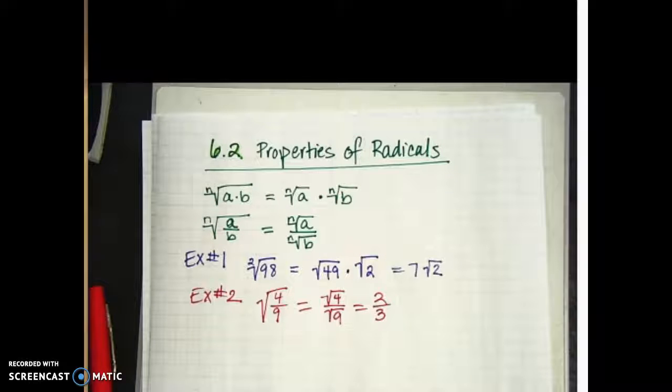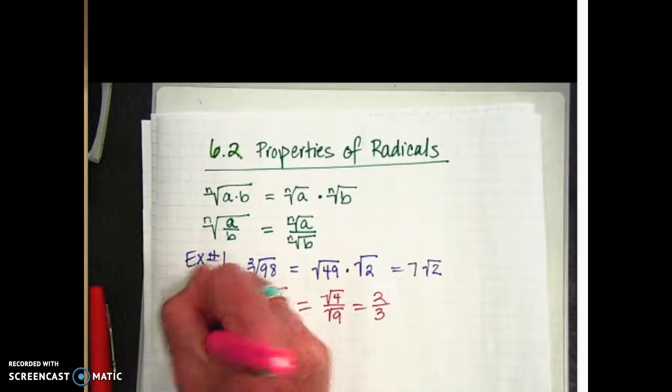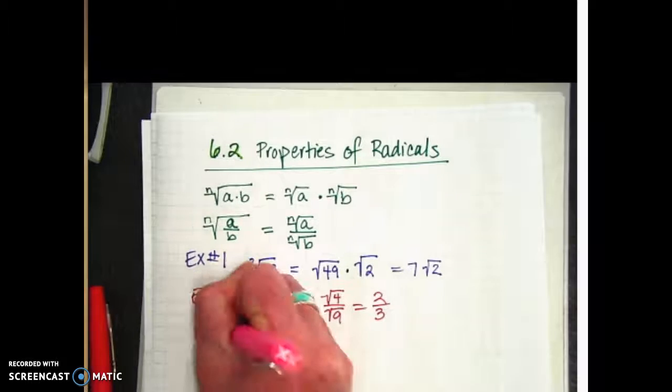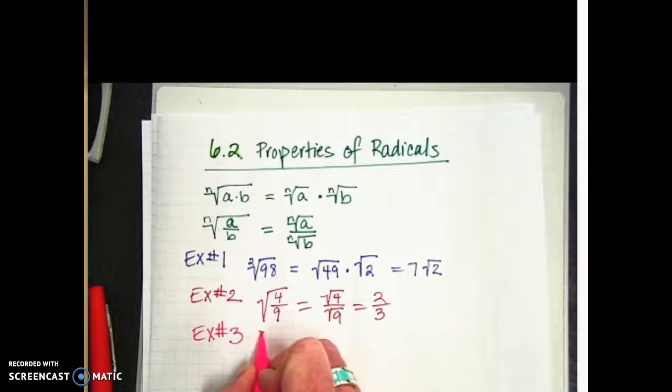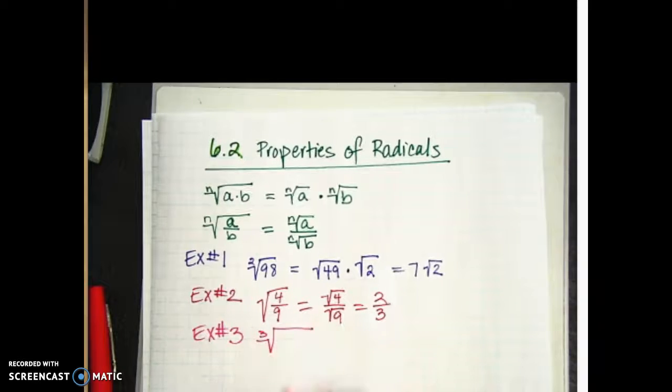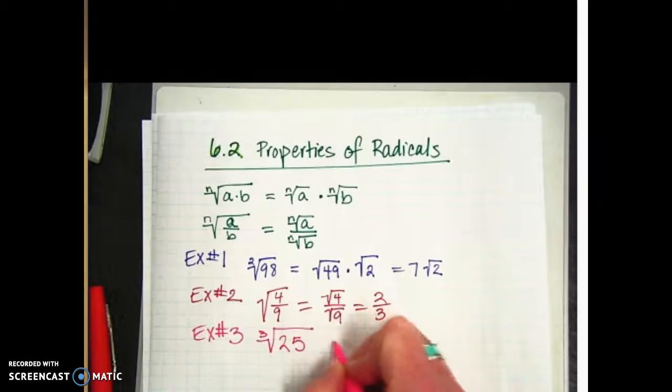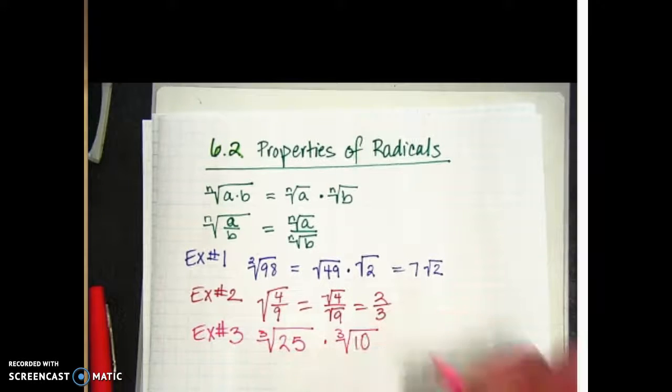All right, now let's try one that has a different root other than just 2. Okay, so example number 3. Third root of 25 times the third root of 10.